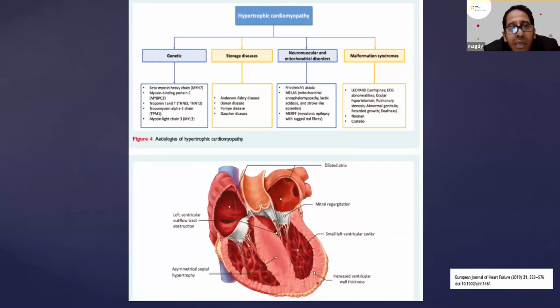All these mutations represent the main genetic forms of hypertrophic cardiomyopathy, a disease which is characterized by the presence of myofibrillar disarray.